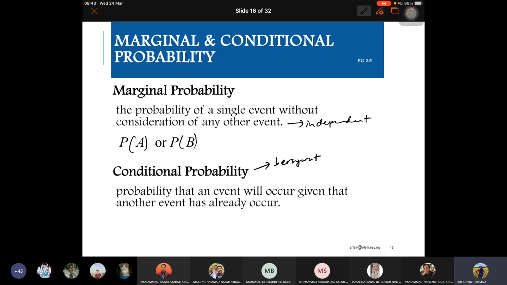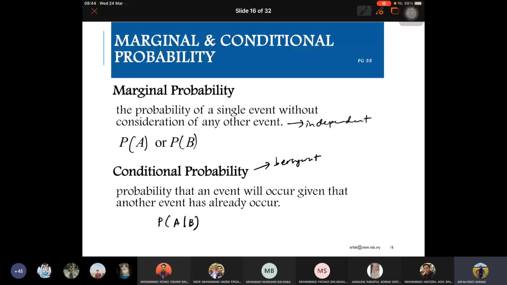Contohnya kebarangkalian awak akan ambil subjek ni provided that awak dah ambil engineering mathematics 1. Kebarangkalian awak akan ambil circuit 2 given that you already take circuit 1. Okay, so itu adalah conditional event. And the notation will be probability of A given B.